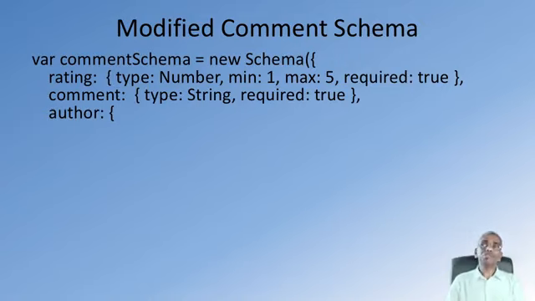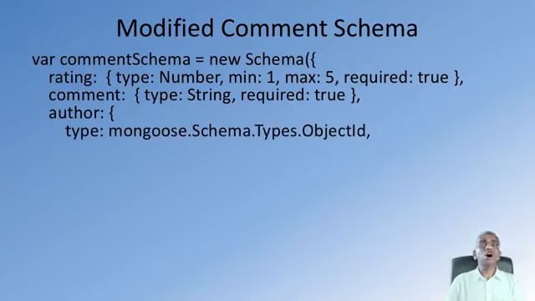Now, instead of storing the author as a type string, if we now turn the author into a type of Mongoose schema types object ID, which means that the author field now will contain an object ID, which is a reference to a user document.